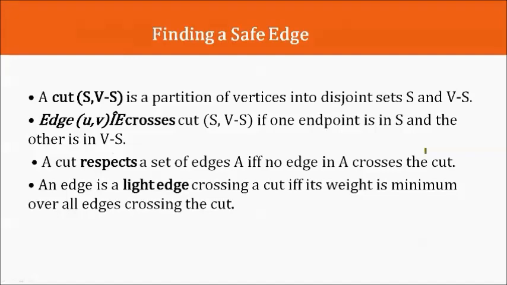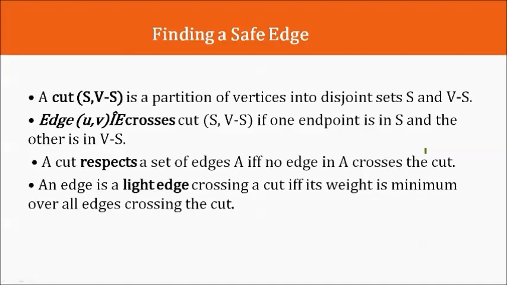So to find a safe edge, a cut, okay, is a partition of the vertices into disjoint sets S and V minus S. So an edge crosses the cut if one endpoint is in S and the other is in V minus S. So a cut respects a set of edges A if no edge in A crosses the cut.